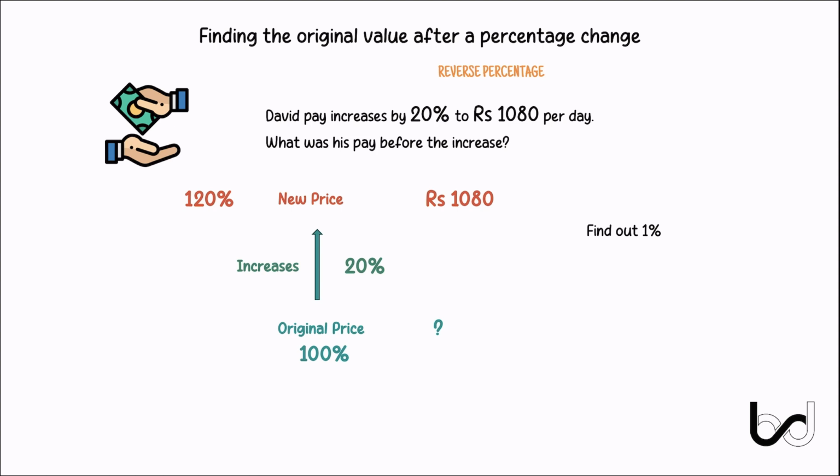How do we find 1%? If I divide 1080 by 120, I'll get the value of 1%, which is rupees 9. Now this rupees 9 represents 1%, but I need to figure out the original price, which is 100%. So I'll multiply this by 100. So the original price is 900 rupees.